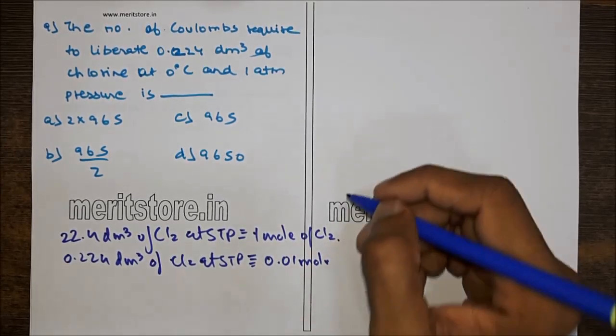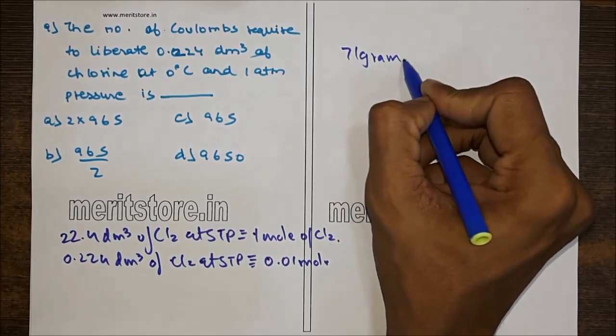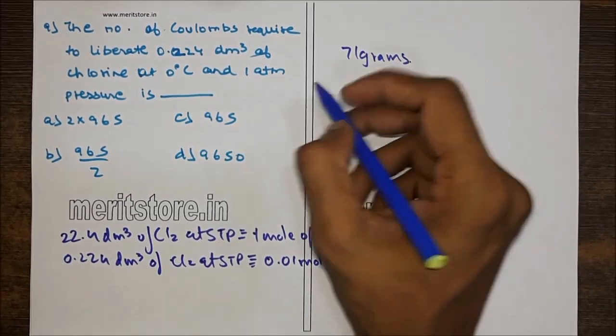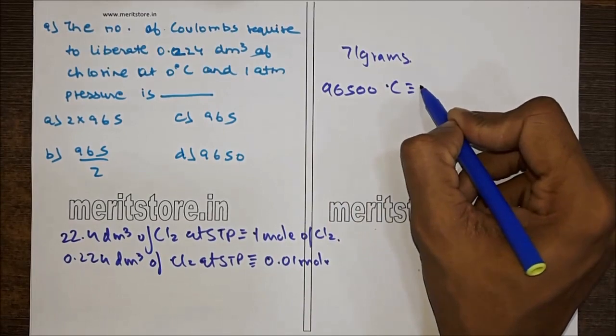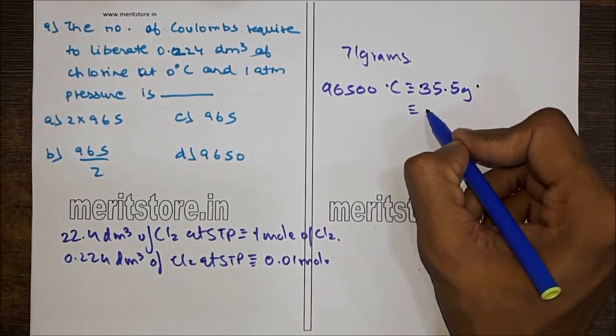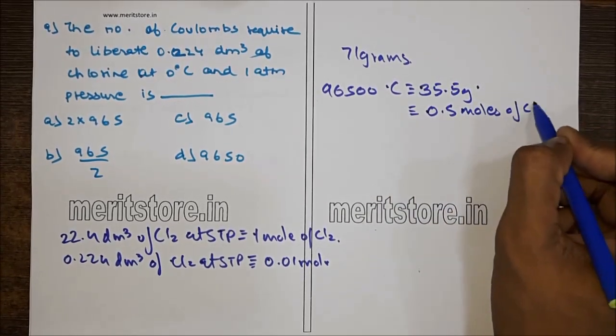In order to deposit 1 mole of chlorine, that is 71 grams, 2 Faraday of electricity is required. So 96,500 coulomb is equivalent to 35.5 grams, which is equivalent to 0.5 moles of chlorine.